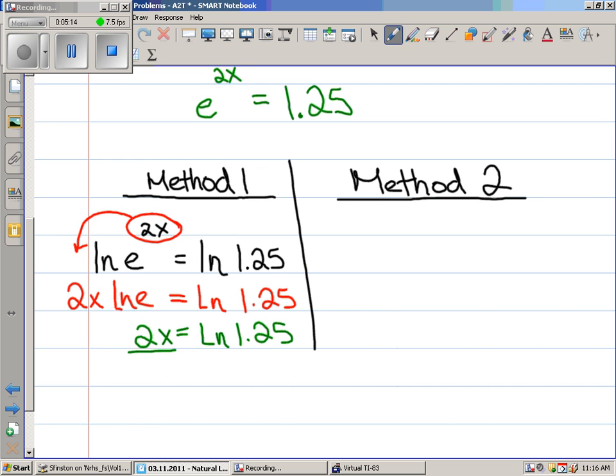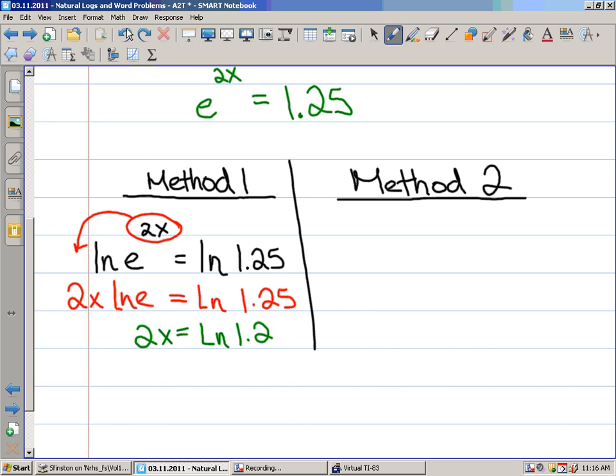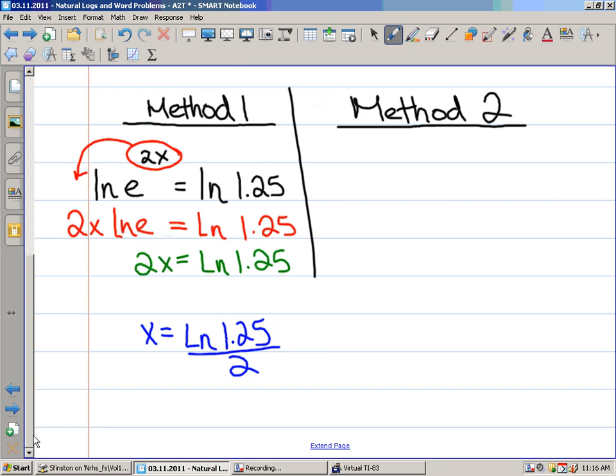Divide both sides by 2. You get that x equals the ln of 1.25 divided by 2. And I think I asked you to round that to the nearest hundredth.